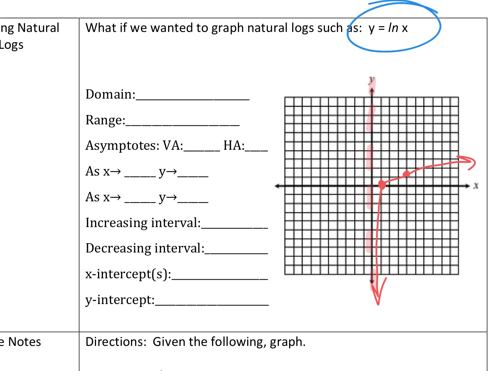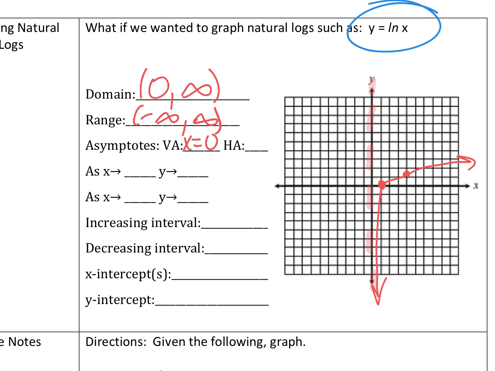The domain on this, left to right. Nope, left to right. 0, infinity, good. Parentheses on both. Range. Yep, that one is negative infinity, positive infinity, good. The asymptote is where? Vertical at 0.